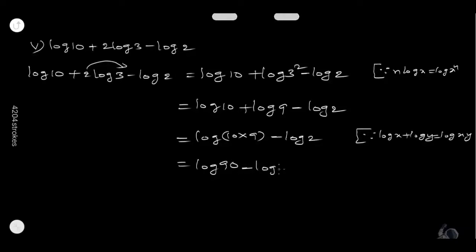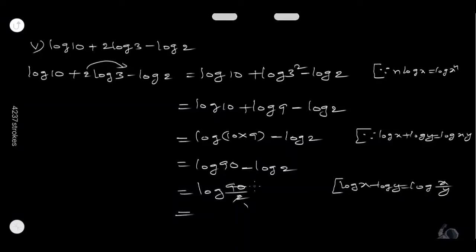Log 90 minus log 2, here minus is there, so it will become divide. So log x minus log y equal to log x by y. This is the quotient rule. So log 90 by 2 equal to log 45. So the answer is log 45.